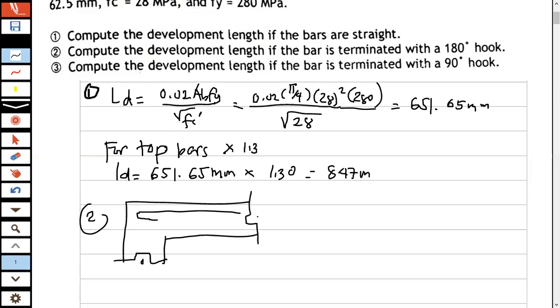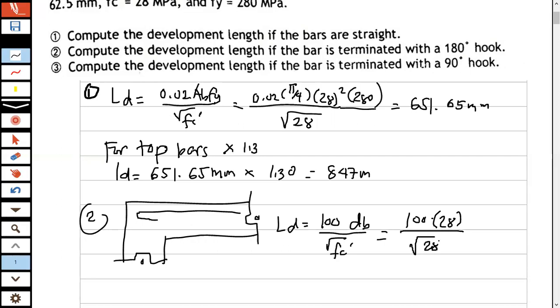So the formula will be LD is equal to 100 dB all over square root of Fc prime. Okay, so we just substitute 100 times 28 over square root of 28, which is equal to 529.15.